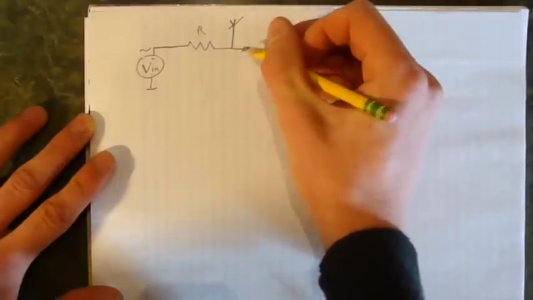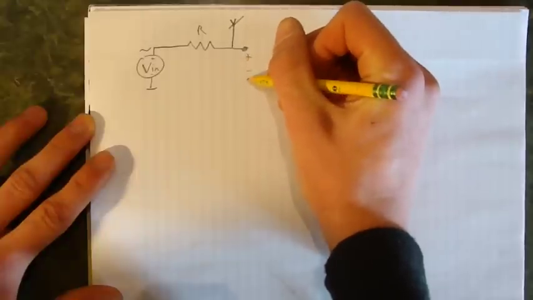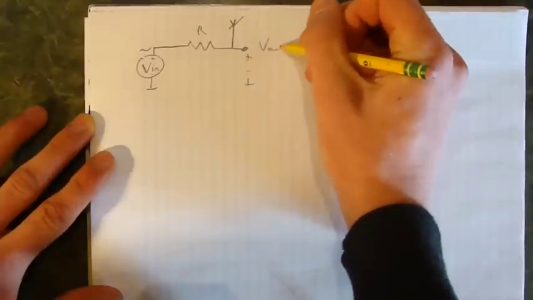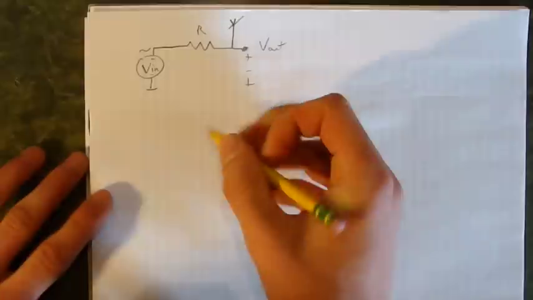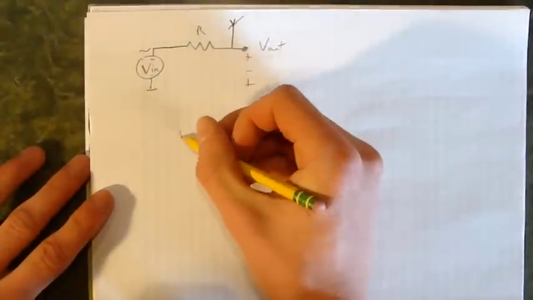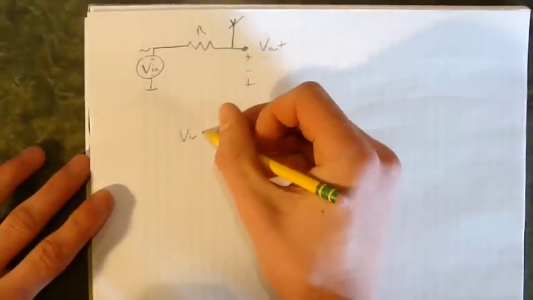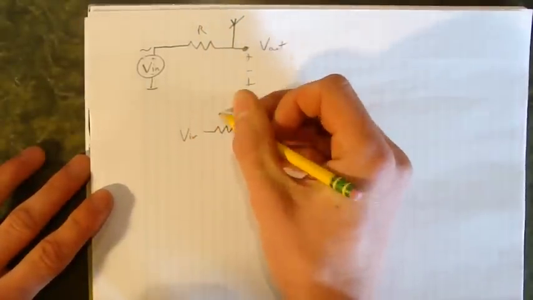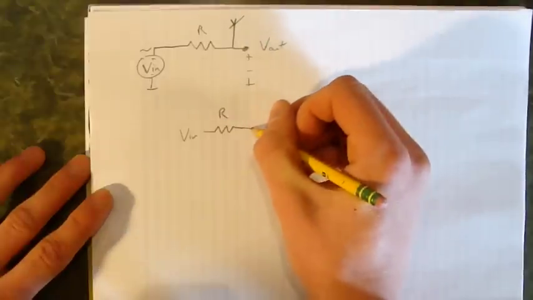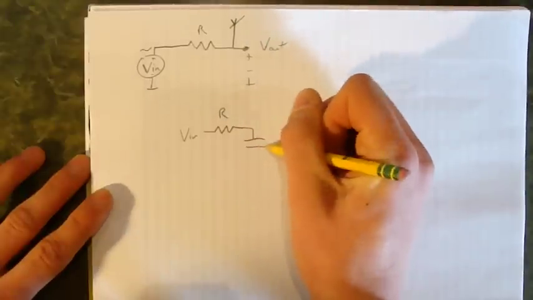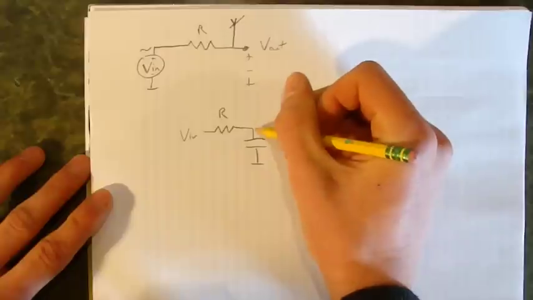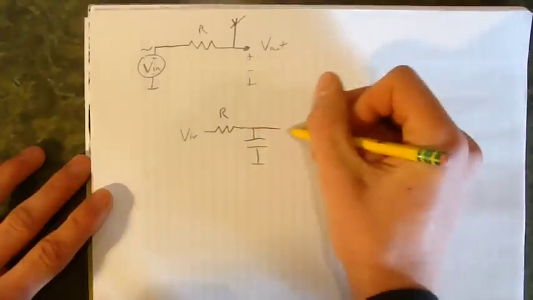And this is our output. So the equivalent circuit would be Vin across resistor R, capacitor, to Vout.